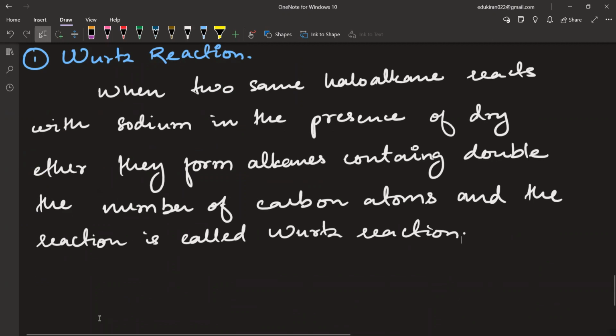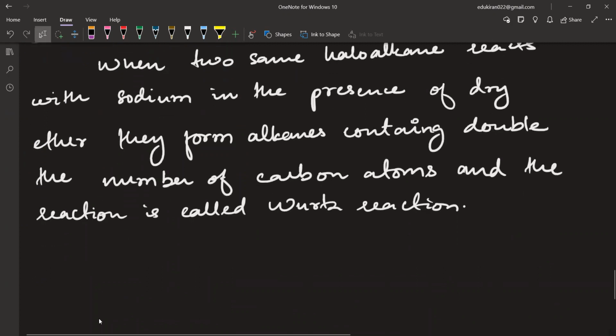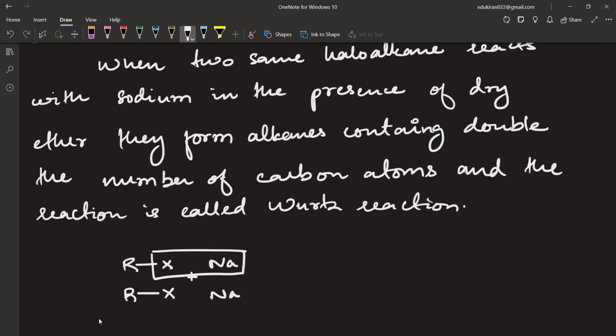So what happened here? We have 2 haloalkanes, RX, and we will be having 2 sodium atoms also. Okay, so they make a bond like this, and these two R groups make a bond like this.